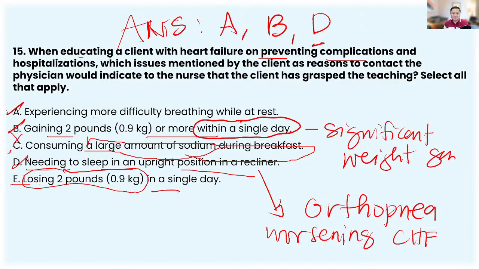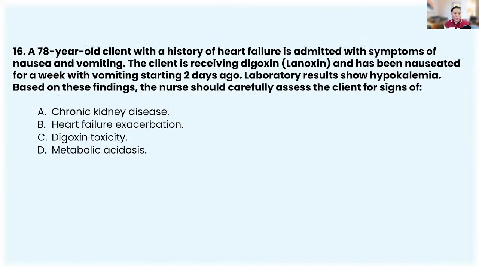And so that's not going to be a reportable manifestation. We're going to eliminate that as well. Okay, so we are left with letter A, letter B, and letter D. All right, and I believe we still have one more test question.